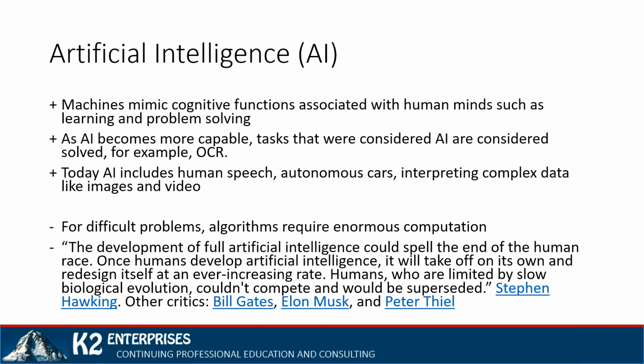And the AI now can recognize human speech. For example, when you call Comcast or Charter or one of the other cable companies that has certainly earned their reputation for not being very customer friendly, they actually can listen to what you're saying in the background while you're on hold.